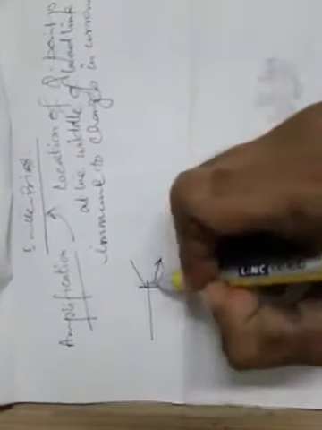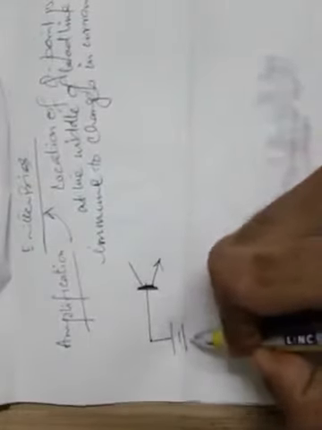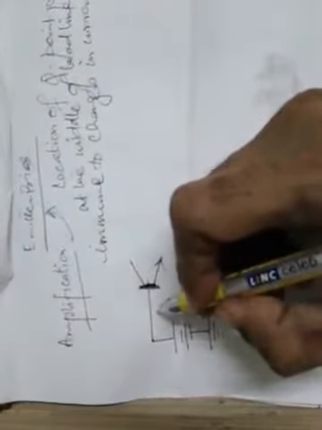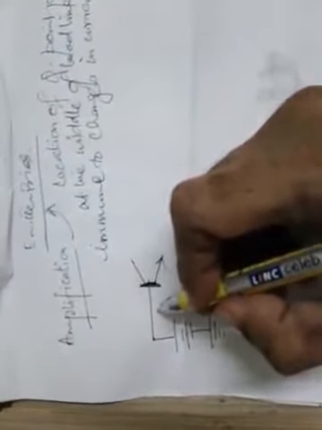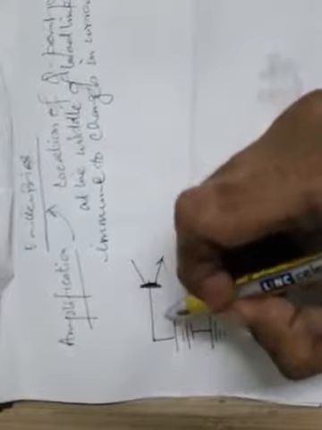Take the NPN BJT. So this is our NPN BJT. VBB is connected directly to the base terminal without the base resistance. No base resistance is present. As we have seen in the base bias circuit, there was a base resistance, but here there is no base resistance.